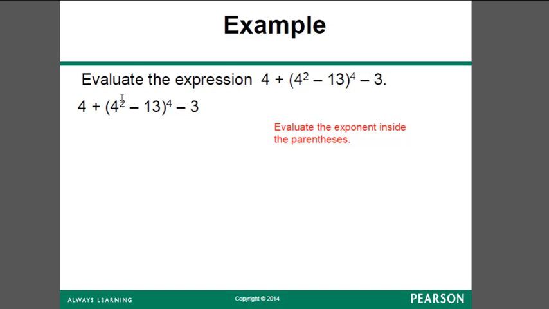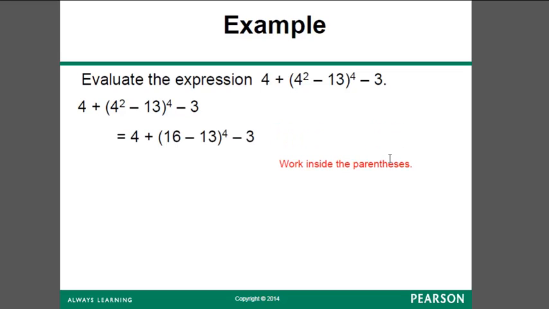So we're going to evaluate the 4 squared first. 4 squared becomes 16. Now then, we will do 16 minus 13, still working inside the parentheses, and that will give us 3. 4 plus 3 raised to the 4th minus 3.